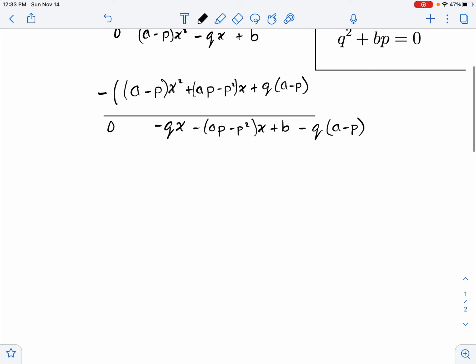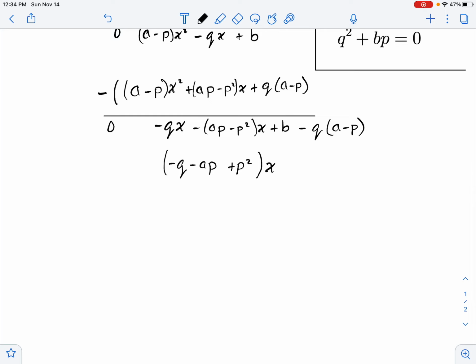Probably one last thing to do is, as I say, I have here an x term, here an x term, so I'm going to combine those together. On x, I will have negative q minus, distributing this minus, ap plus p squared, and that's all on x.